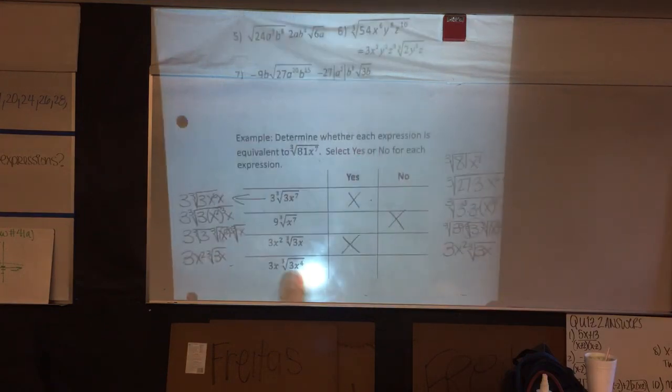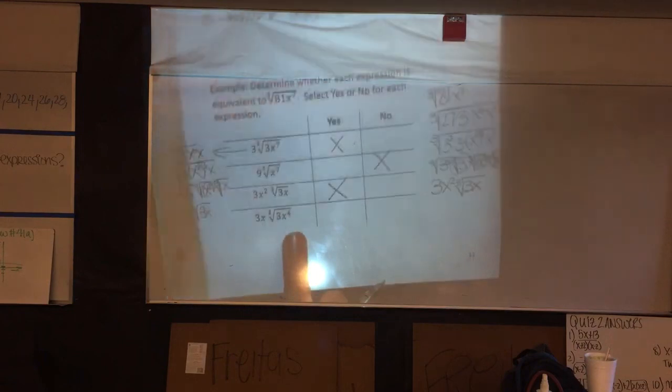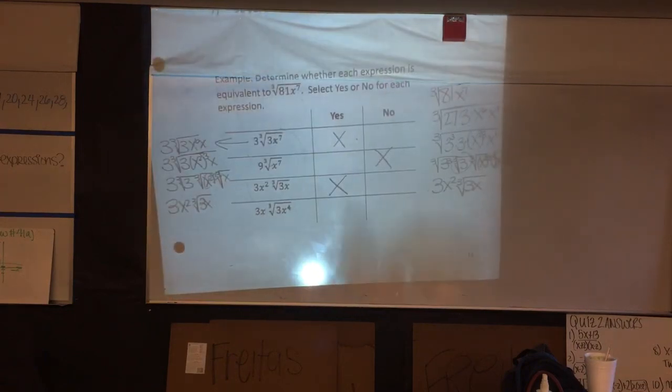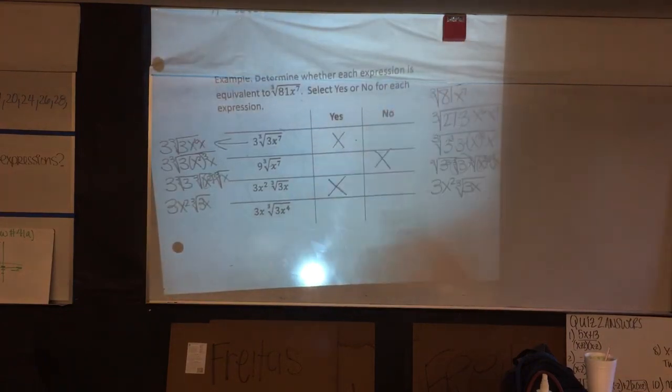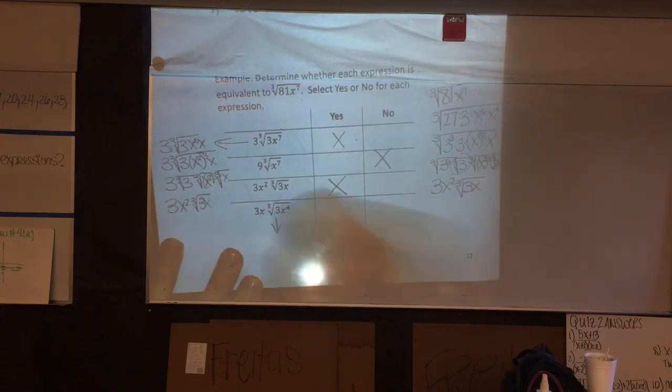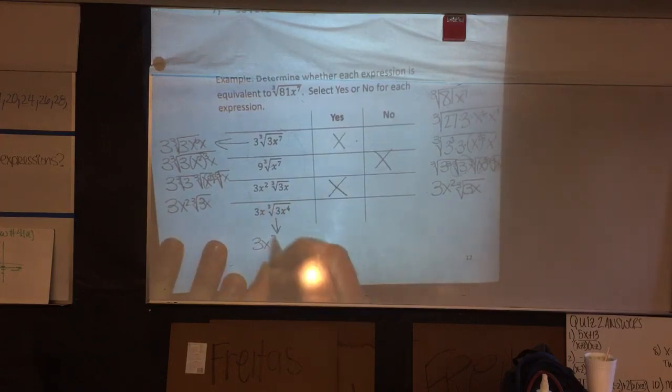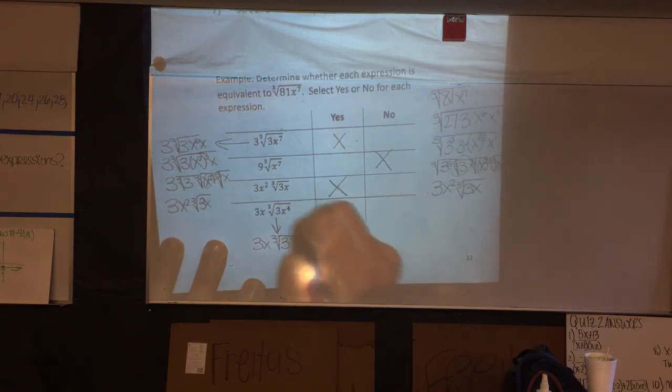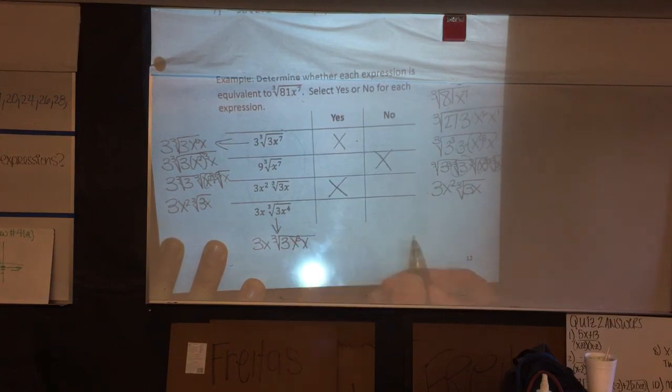What about this one down here? This one might have worked too. Again, I'm going to use the technique I did here to prove it on this one. So if I simplify it further, I have my 3x outside. I can't write down the 3 anymore, but I could have said x to the third times x is x to the 4th. And then I couldn't cube root the 3 or the x, so I could leave those inside.